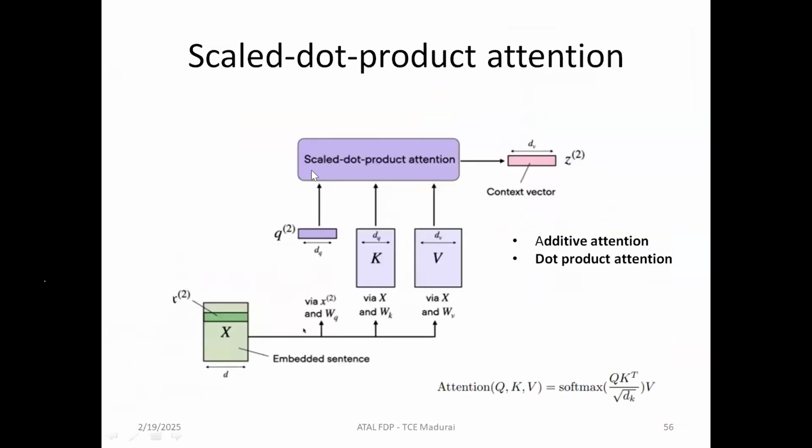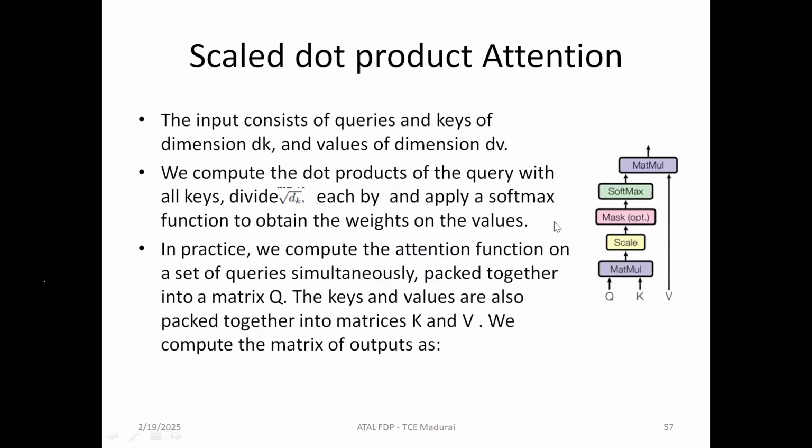We are going to perform this dot product in the attention module. That is the query, as I told you: q1 comma k1, q2 comma k2, q2 comma k1, like this. All the possibilities we have to perform here: additive attention and dot product attention. Finally, you will get the context vector.